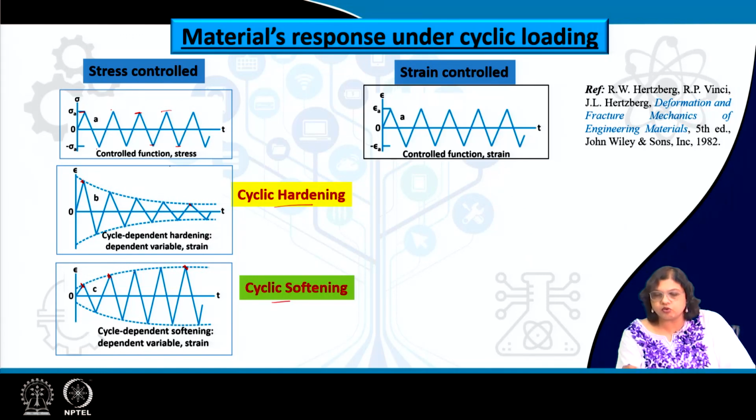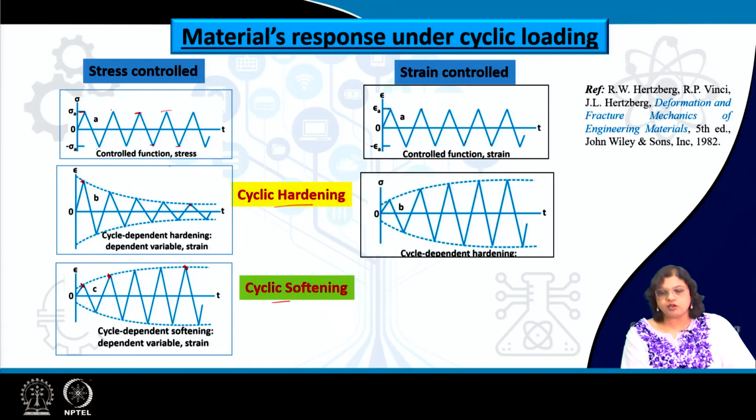So, in the strain controlled mode, again we are applying the same values of strains, positive and negative, at each cycle. Let us say we are talking about a strain value of 1% and minus 1%, and then again 1% and minus 1%, and so on, and we keep on cycling that with the same value of the strain amplitude. However, the corresponding stress response could be different, and in the first case we are seeing that the stress output is continuously increasing at every cycle.